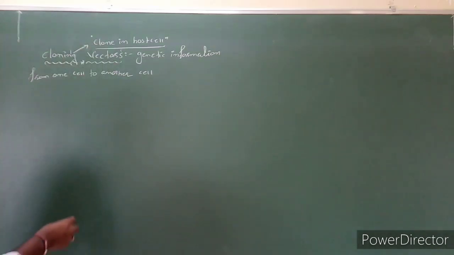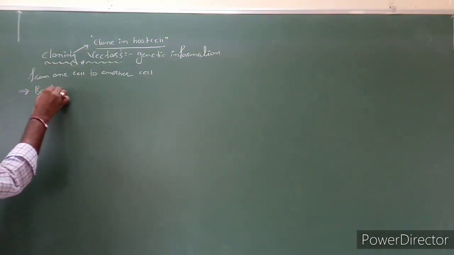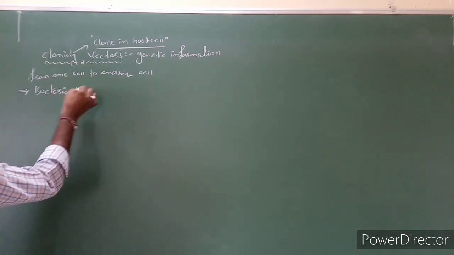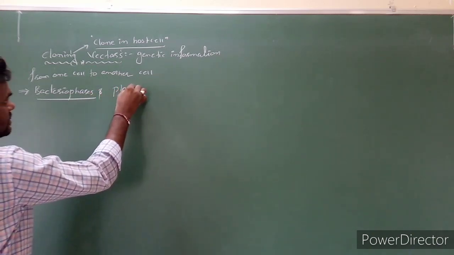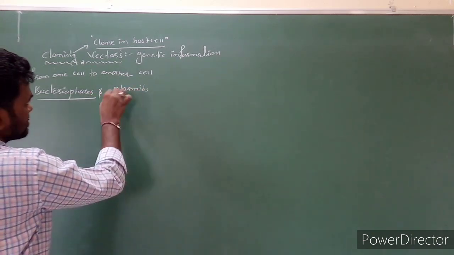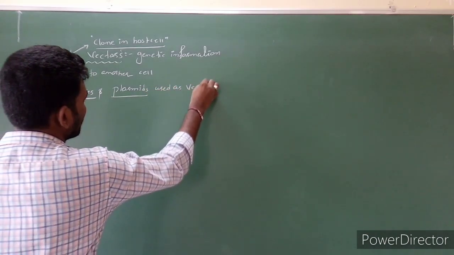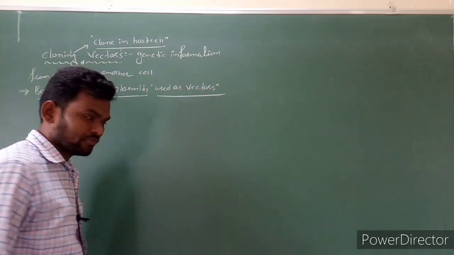Let's write which are used: bacteriophages as well as plasmids are used as vectors. Why?